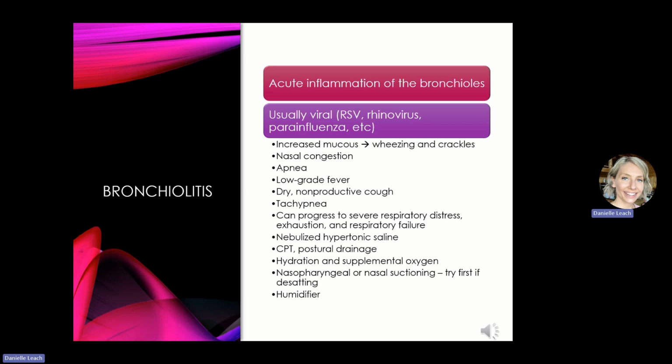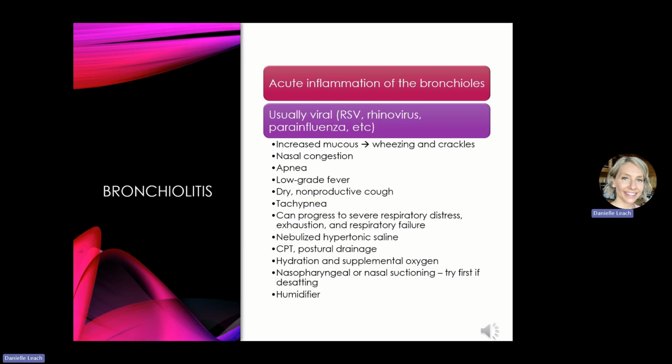But if you walk into a child's room and they are just mildly desatting, so maybe they're 89%, the first thing you want to do is suction them. We can suction them just from their nose with a little nasal suction, or even deep nasopharyngeal suction you could also do if it doesn't clear just with nasal suctioning.